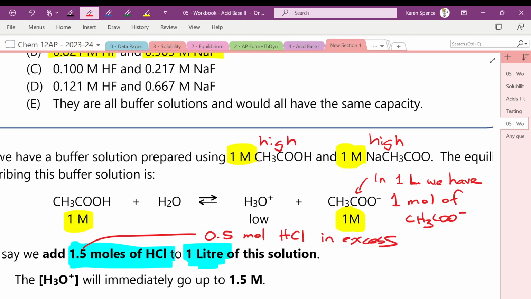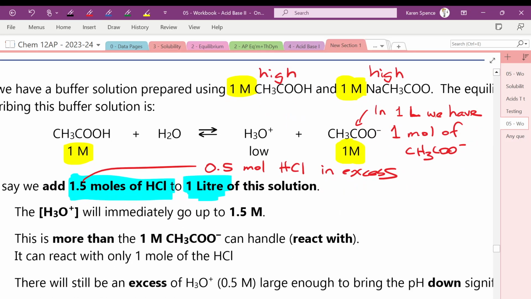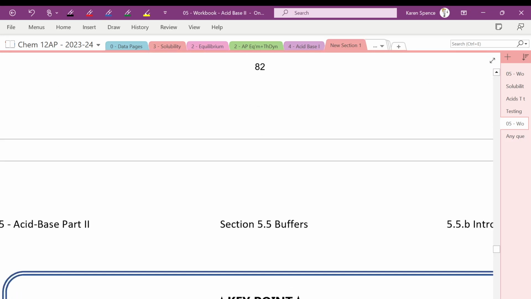So we could buffer 1 mole, but that other 0.5 moles of H, now we have it. This is more than the acetate can handle to react with.